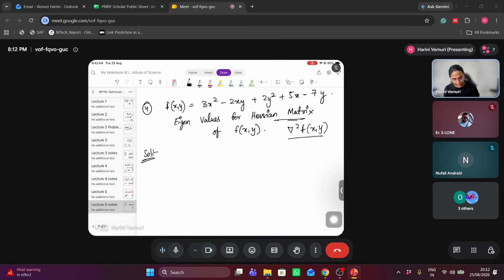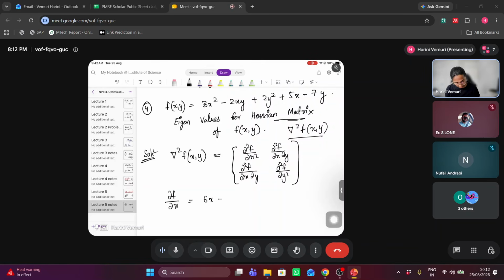First they asked for eigenvalues of the Hessian matrix, so we can directly calculate the Hessian matrix. Del square of f of x comma y is dou square f by dou x square, dou square f by dou x dou y, dou square f by dou x dou y, dou square f by dou y square. First I'll write dou f by dou x, that is 6x minus 2y plus 5.